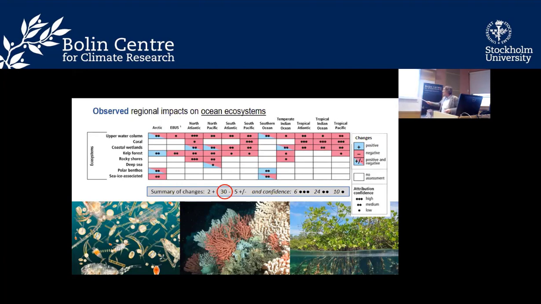Although there are a couple of blue ones indicating that the temperature increase or other changes are benefiting organisms, those are very much in the minority. We've got 30 of these comparisons showing it's going in the wrong direction as far as those organisms are concerned. And although there aren't quite so many at the higher level of confidence, putting all that information together clearly shows that that's the big picture, and that's of concern.